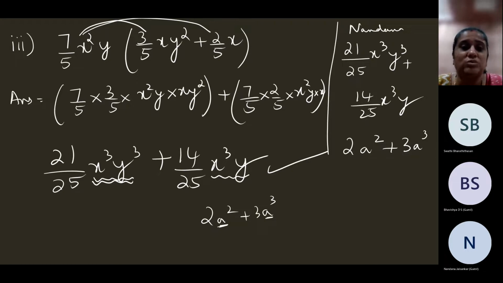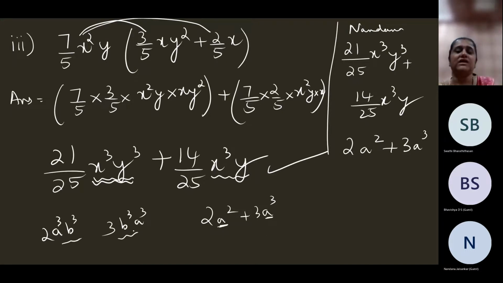A square, a cubed give different sounds, so they are unlike terms. Now when you have a cubed b cubed and b cubed a cubed, they're like terms. This can also be read as a cubed b cubed. They have the same sound. Like terms.